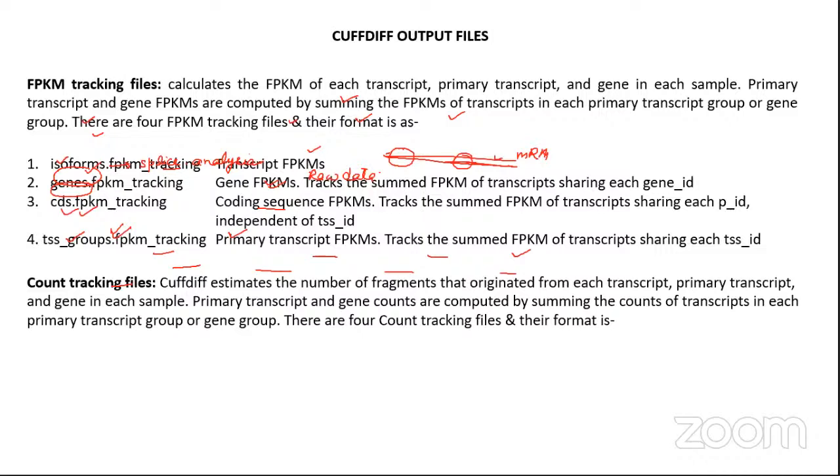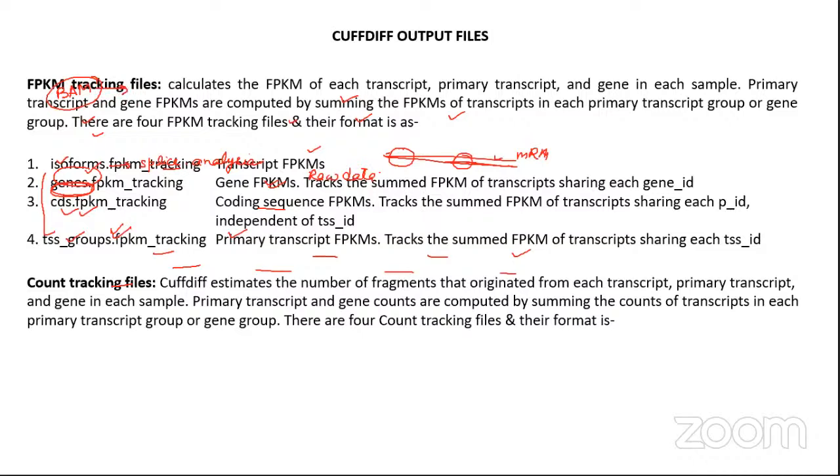So these are the files which we get after the Cuffdiff tool, and then these files can be used for different purposes. The BAM file is also very important, when we do the alignment we get the BAM file.